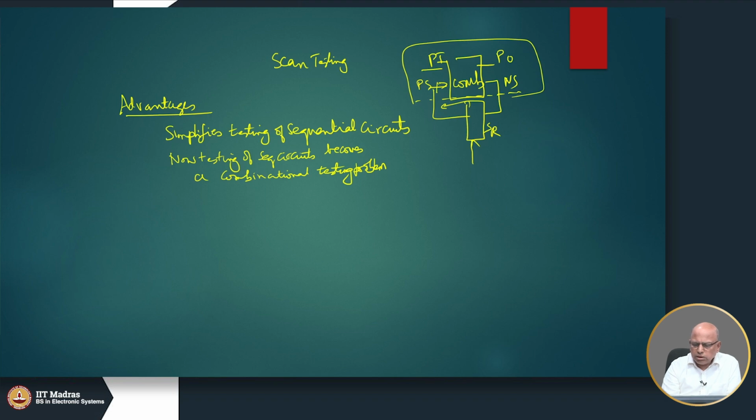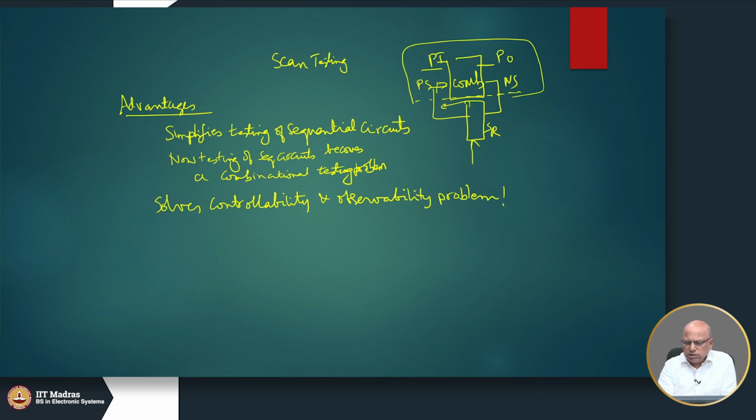It removes all the headache that is associated with controllability and observability. So, it solves the controllability and observability problems. We cheat, we go into the serial shift mode, or scan enable equal to 1, and that allows us to initialize anything we want into the state register.